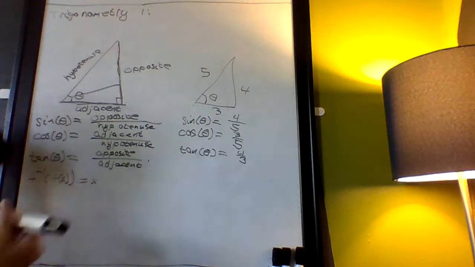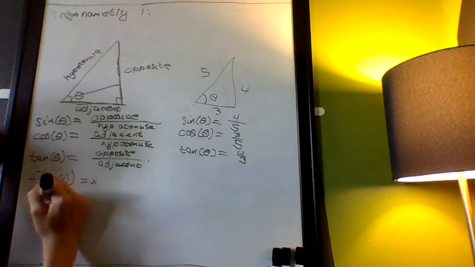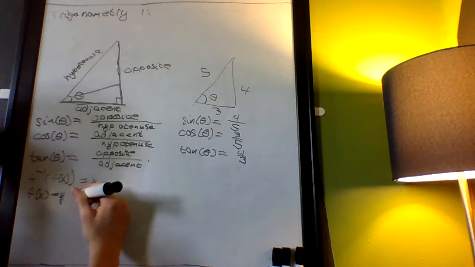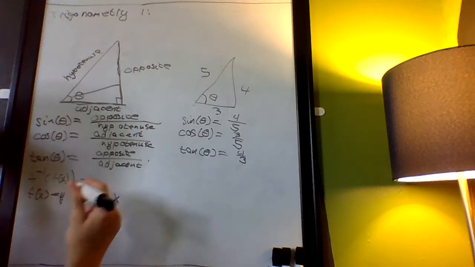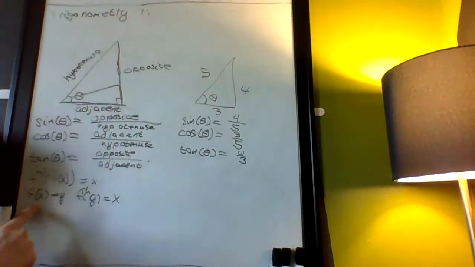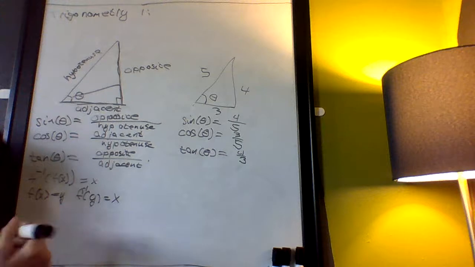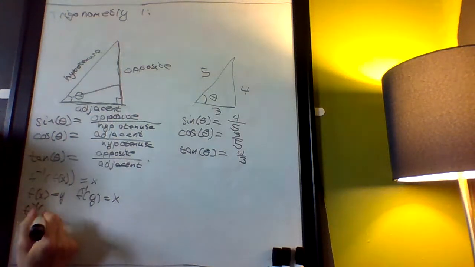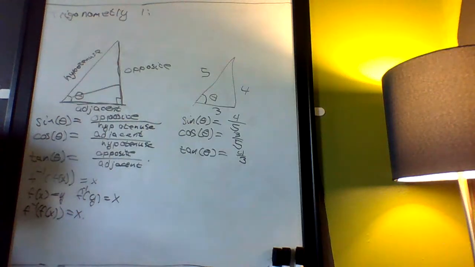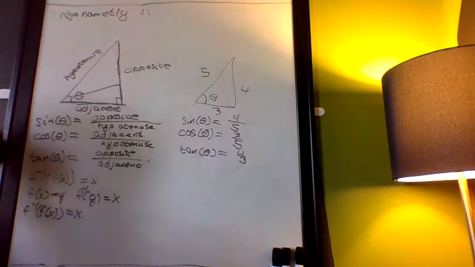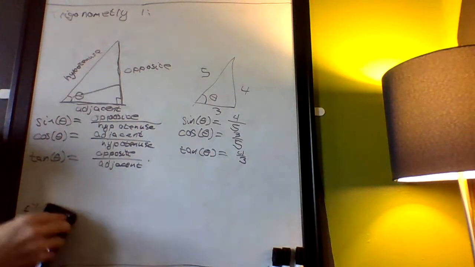So f of x equals y, meaning f inverse of y is x. Because f of x is y, that means f inverse of f of x gives you x.